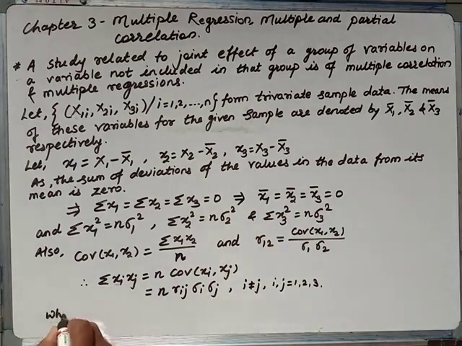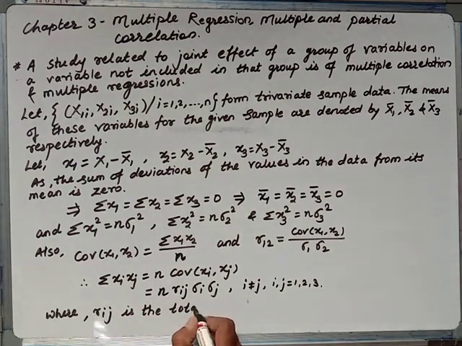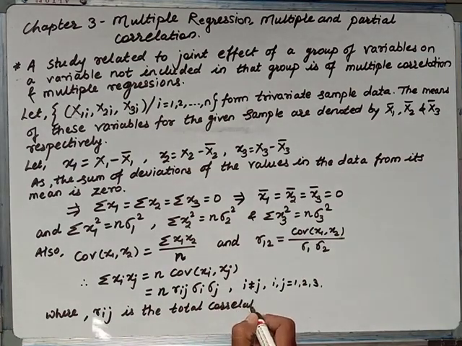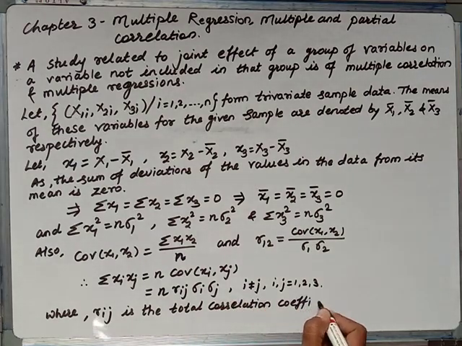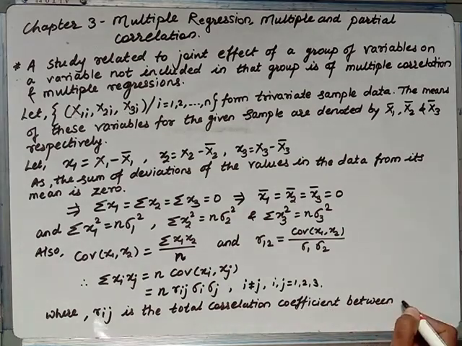Where rij is the total correlation coefficient between xi and xj.